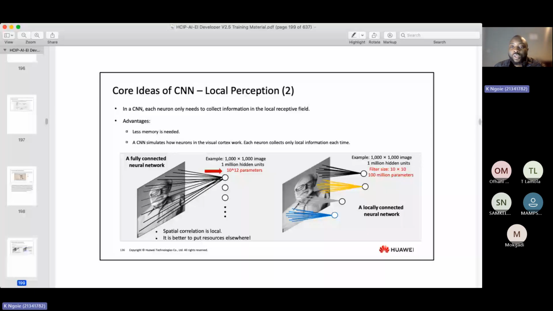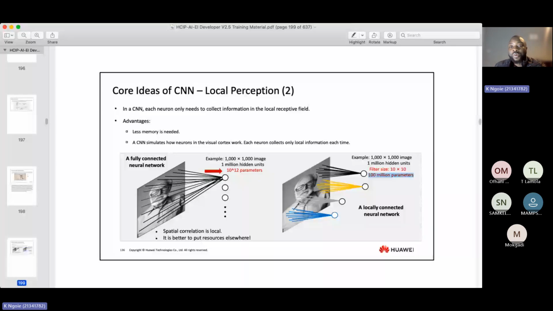So we have 1 million hidden information pixels coming, and if you apply a filter of maybe 10 by 10, you now have 100 million parameters.